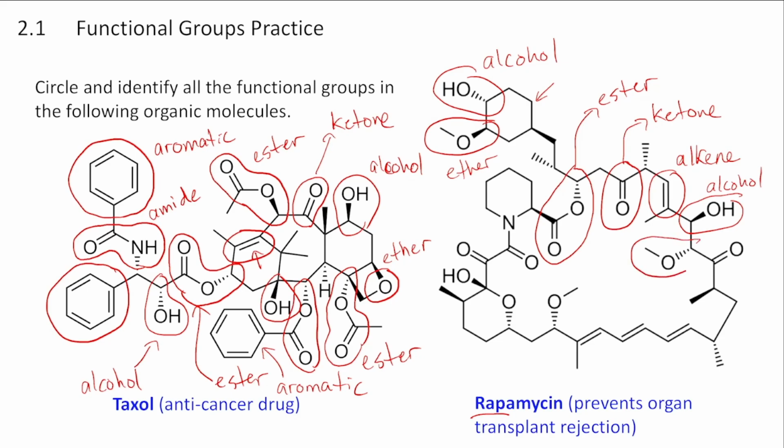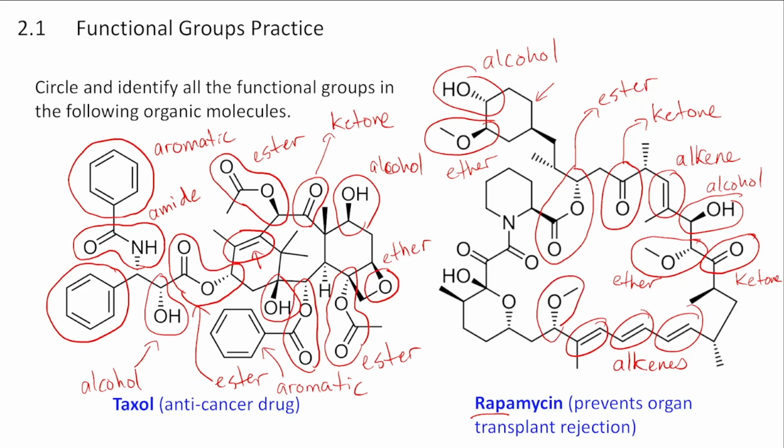We have here an oxygen with carbons on both sides, which is an ether. Here we have a carbonyl group with carbons on both sides, which is a ketone. Moving down and around, you can see there are multiple carbon-carbon double bonds. These are all alkenes. They're alternating single-double, but they have to be in a ring to be considered an aromatic group. So these are not aromatic. These are just alkenes.